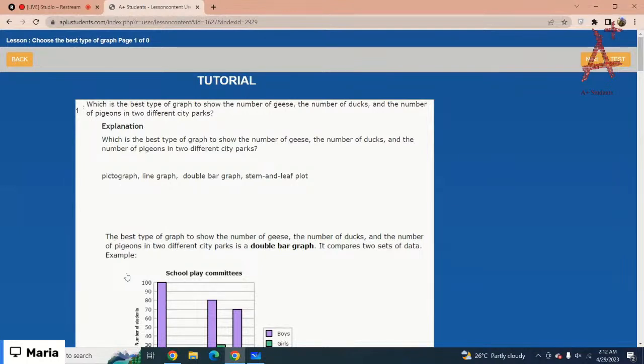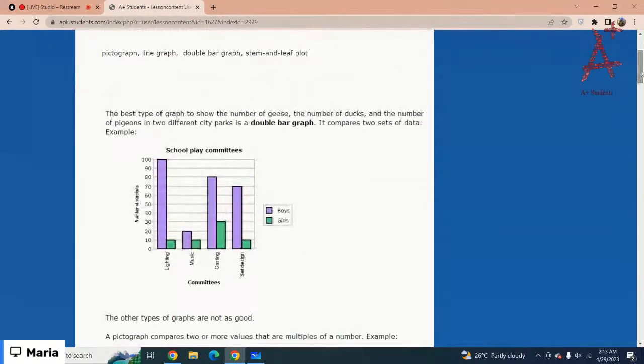Which is the best type of graph to show the number of geese, the number of ducks, and the number of pigeons in two different city parks? So you can have pictograph, line graph, double bar graph, and stem and leaf plot. Got it? So you can see how you can select the best type. You have to represent all the data on the same graph.